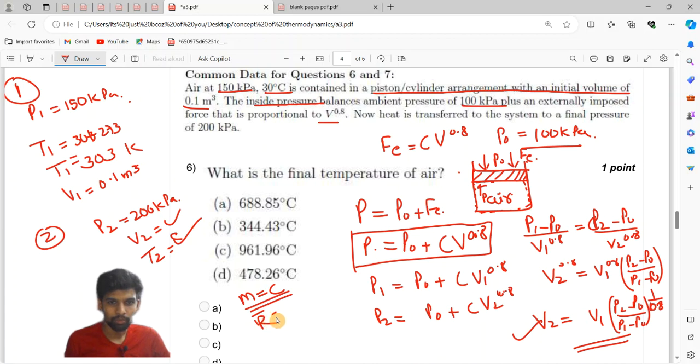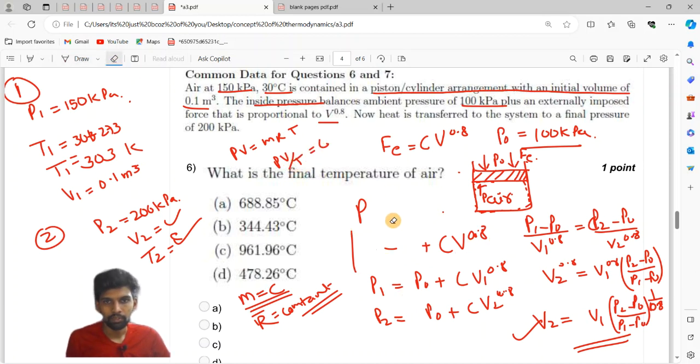So it is also constant. Since m is constant and R is constant, we know that PV is equal to mRT. We can write PV by T is equal to constant.